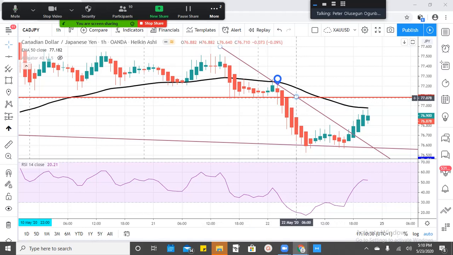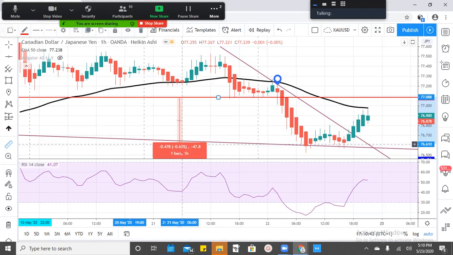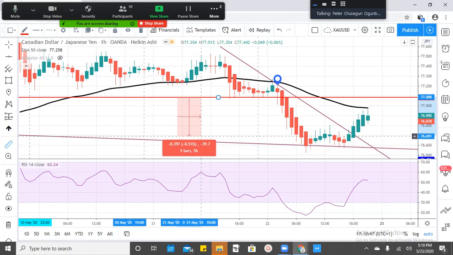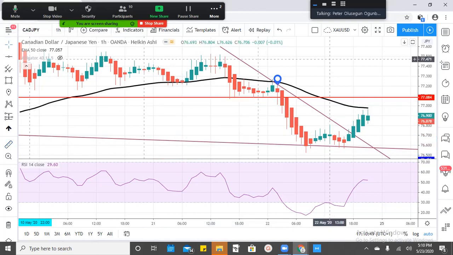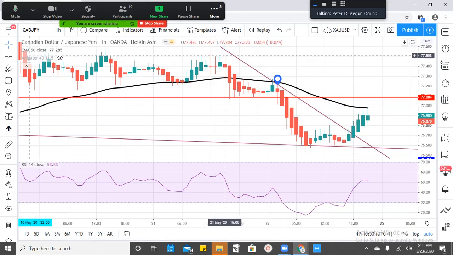If you entered here, how many pips would you have gained? You would have gained about 56 pips.